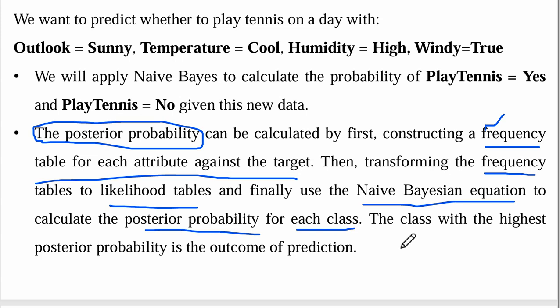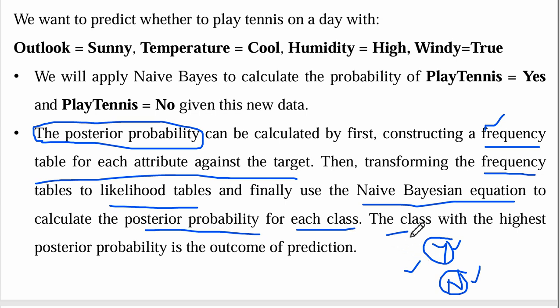Let us assume our dataset contains two classes, for example one class is yes and another class is no. We calculate the posterior probability for the yes class and for the no class. From these two probabilities, the one with the higher value is the class of the given test instance.